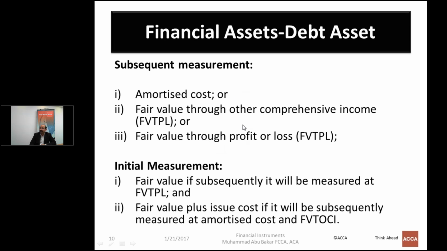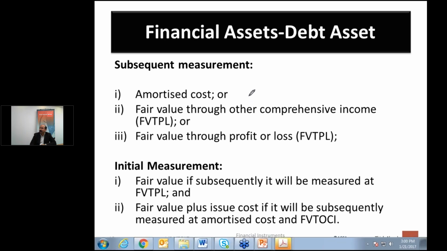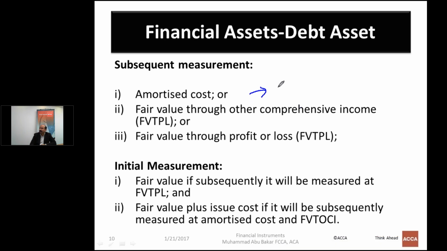This means in case of this, on initial measurement, you will add the issue cost to the fair value on initial recognition. And similarly in this case. So let me correct this.